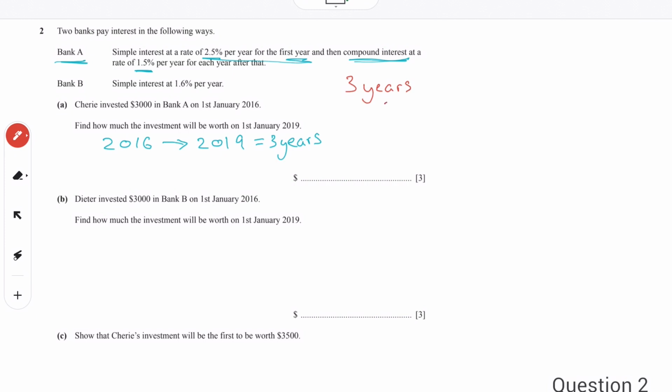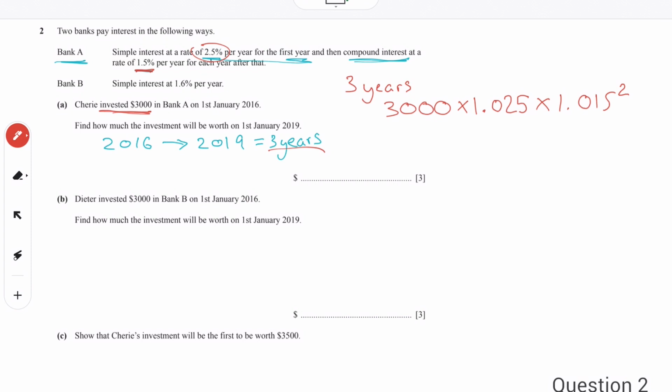we have the formula 3,000, which is the initial investment. Then we're going to multiply that by 1.025, and that would be this here for 1 year. And then we're going to multiply that by 1.015 here. But that's over 2 years, because basically we're basing it on this here. So I'm going to square that number there.